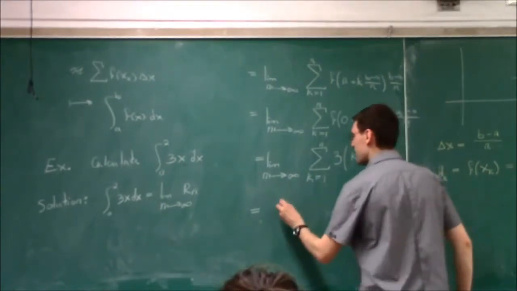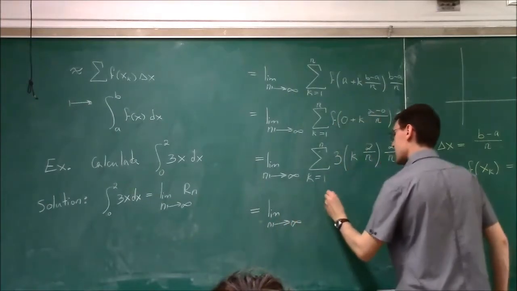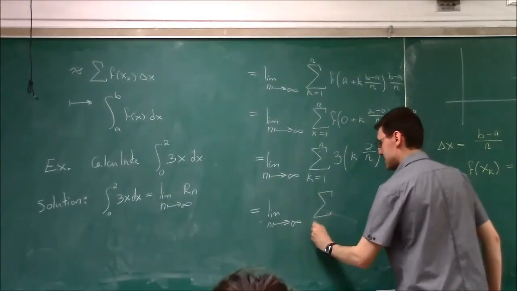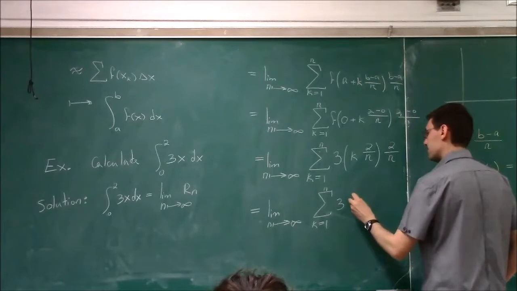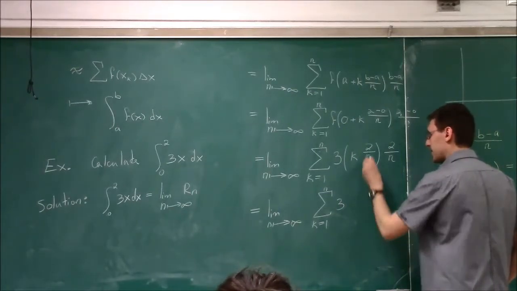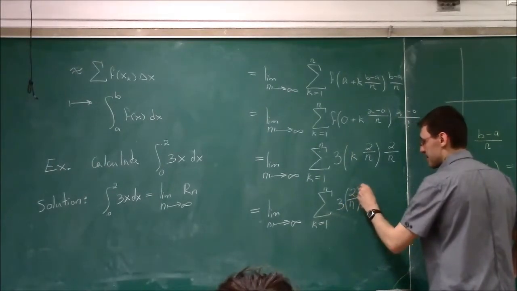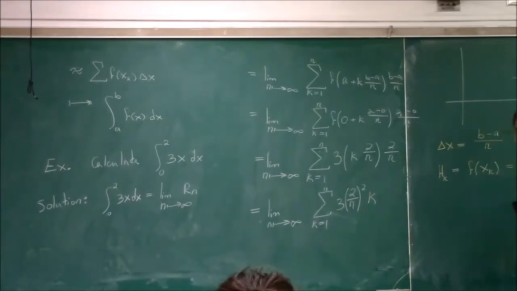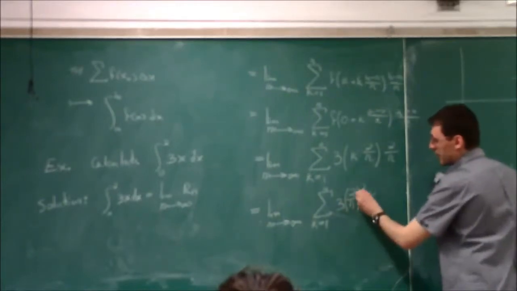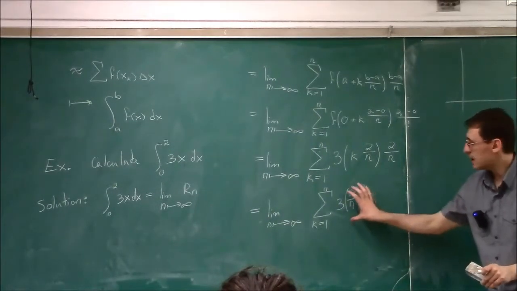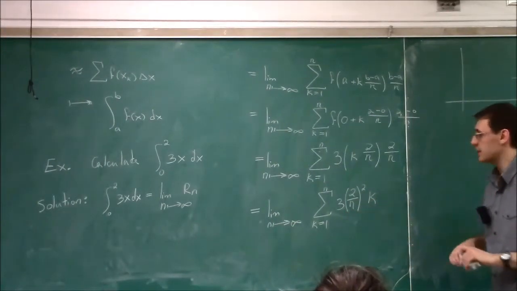So I'll factor out 2 over n squared times k. Do you see that 3 times 2 over n squared is not dependent on k? So this is just the same number multiplying each k. So 1 is multiplied by this number, 2 is multiplied by this number, 3 is multiplied by this number.